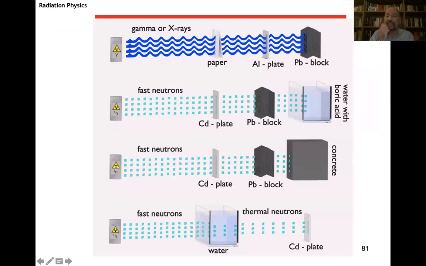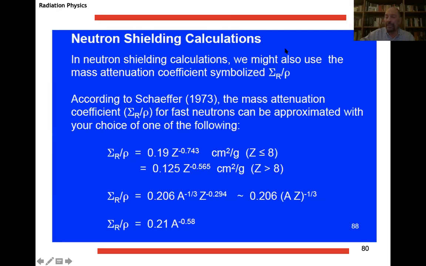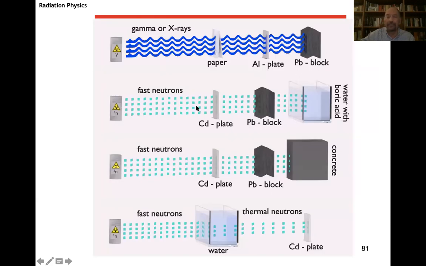This is then the difference, from a graphical point of view. When you have gamma rays, the gamma rays go through paper, they go through aluminum, but they are stopped in lead. Fast neutrons go through cadmium, go even through lead, but can be stopped by water with boric acid.